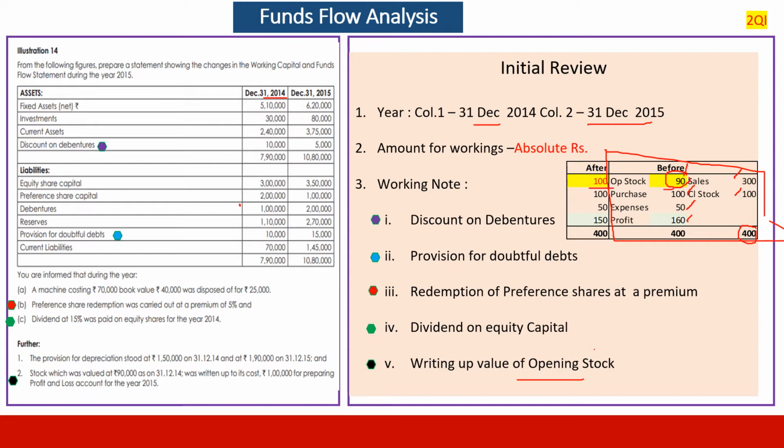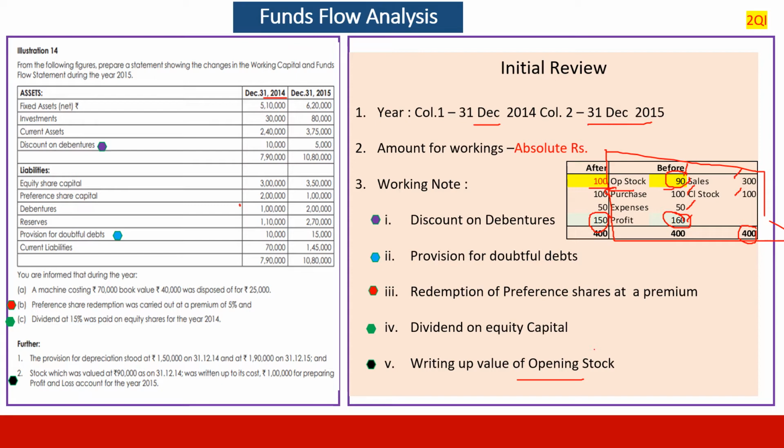If opening stock increases from 90 to 100, the profit, which was earlier at 160, falls. Any change in the opening stock upwards, for rectification of error or any other reason, has the effect of bringing down the profits or bringing down funds from operations.